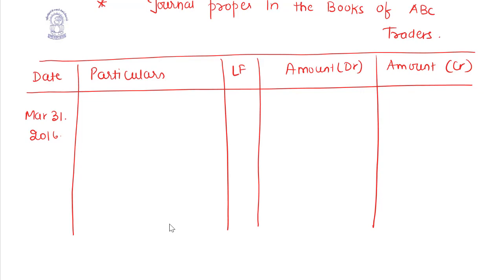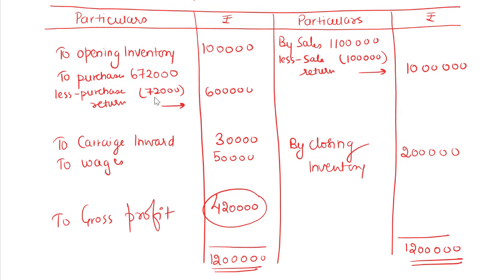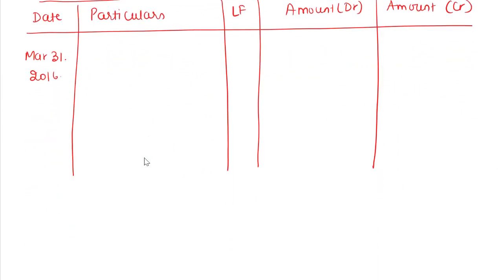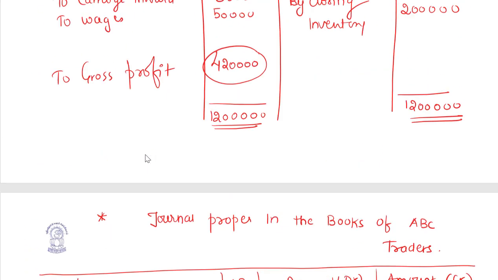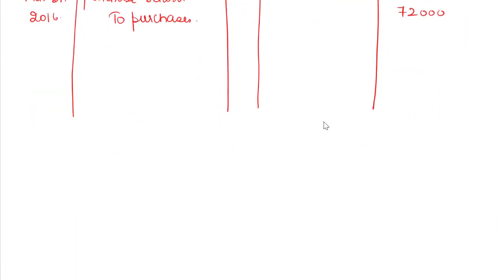For return outward we will pass an entry. First is purchase return over here. So purchase return to purchases. First entry: purchase return to purchases 72,000. Then for sales return we will pass an entry. Sales account debit to sales return 1 lakh.